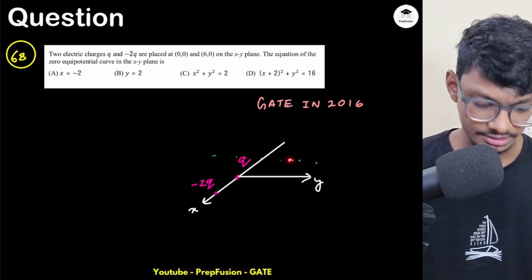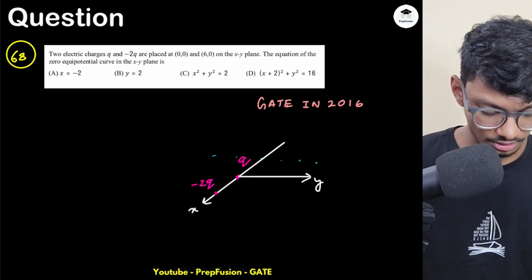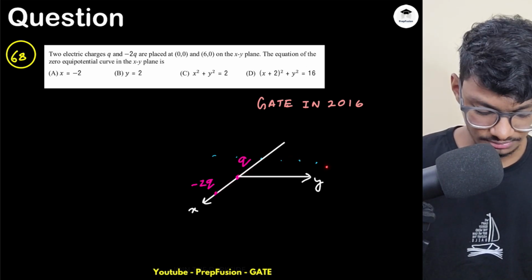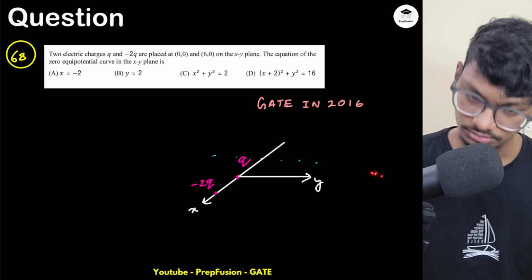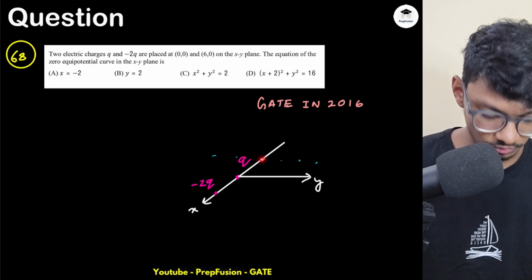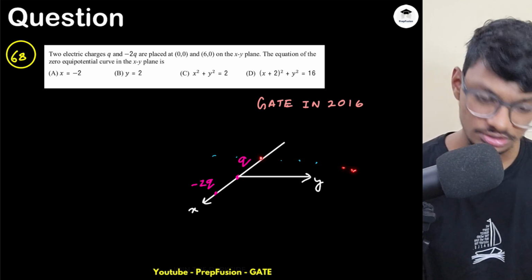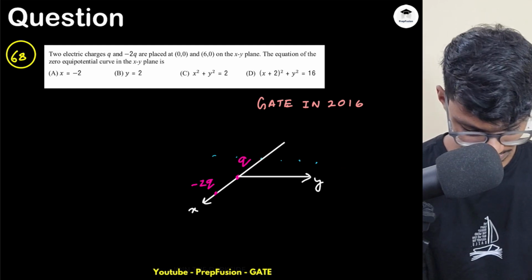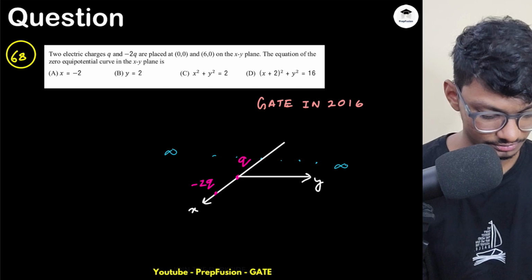If I find the potential here, the distance is something else and there the distance is something else, and it will always keep changing and depend on R. At infinity the potential will be 0 because R is infinity, and near about here, if the potential is to be the same as at infinity, it should also be 0. So it is falling like this. The potential should be the same everywhere.